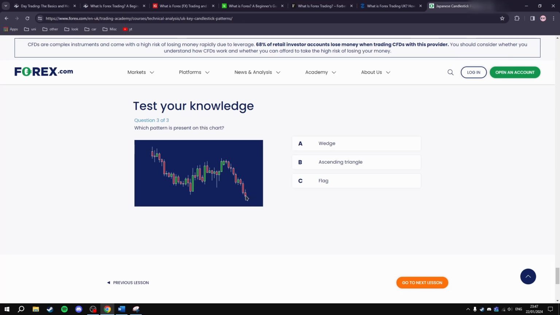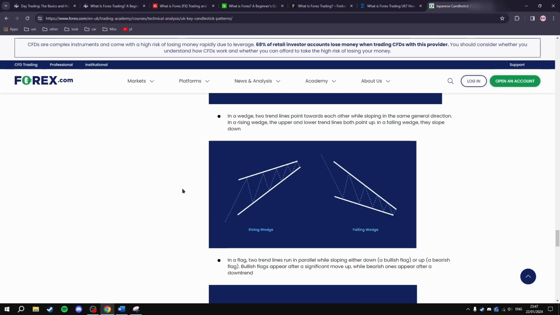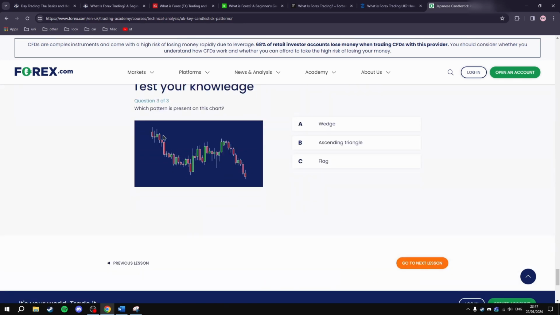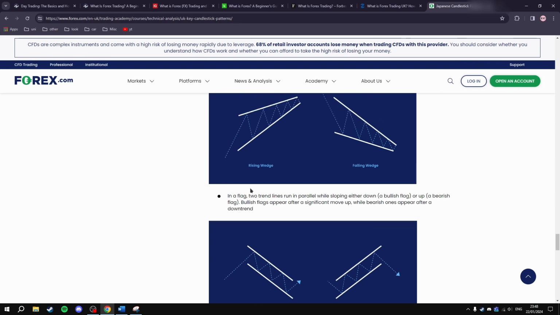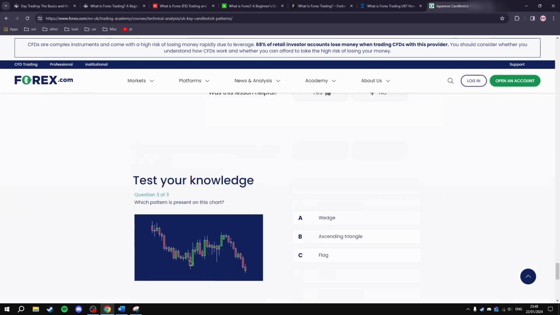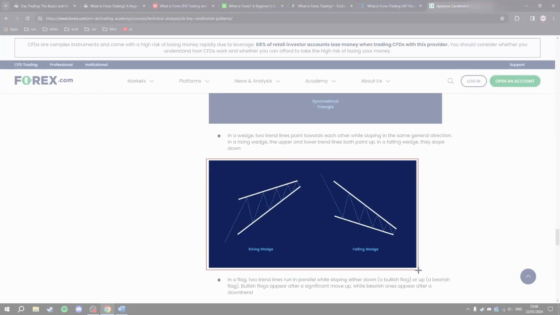If you... wait. Up, down, up, down, up, down. Down, up, down. So draw a line here. You draw a line here. Up, down, here. Here. What? Wait, let me compare this. Wedge. They said it's a wedge, isn't it?